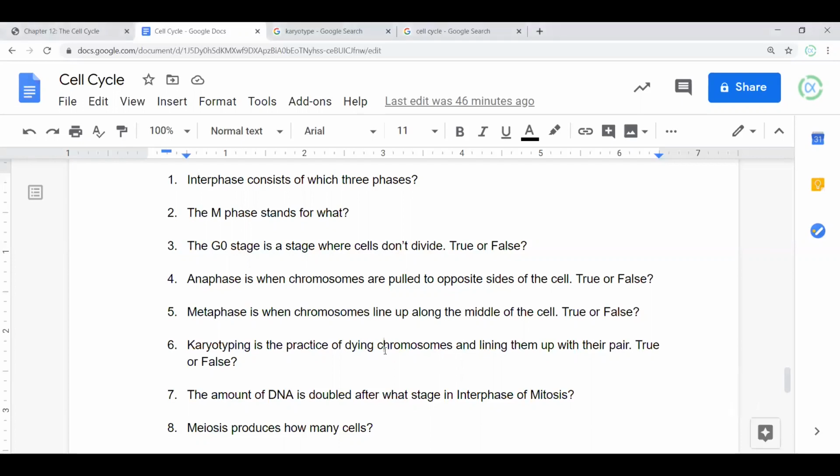The amount of DNA is doubled after what stage in interphase?